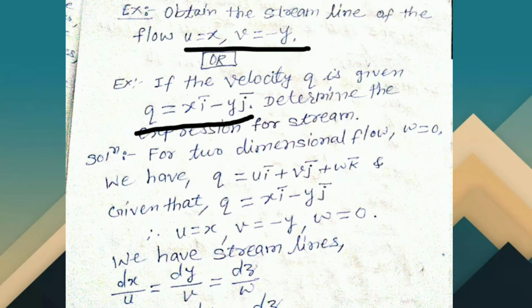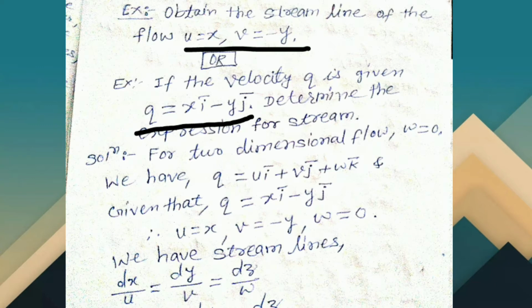So what is the solution? For this two-dimensional flow, W is equal to 0, and we know Q is ui bar plus vj bar plus wk bar, and we are given Q is equal to xi bar minus yj bar.